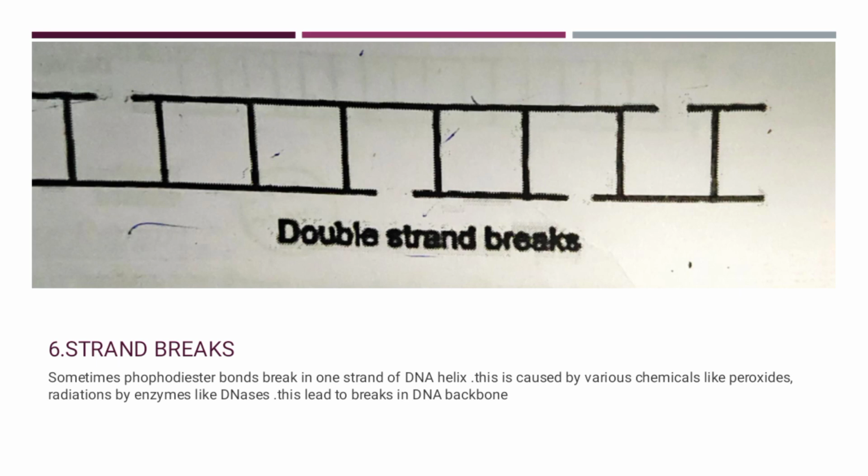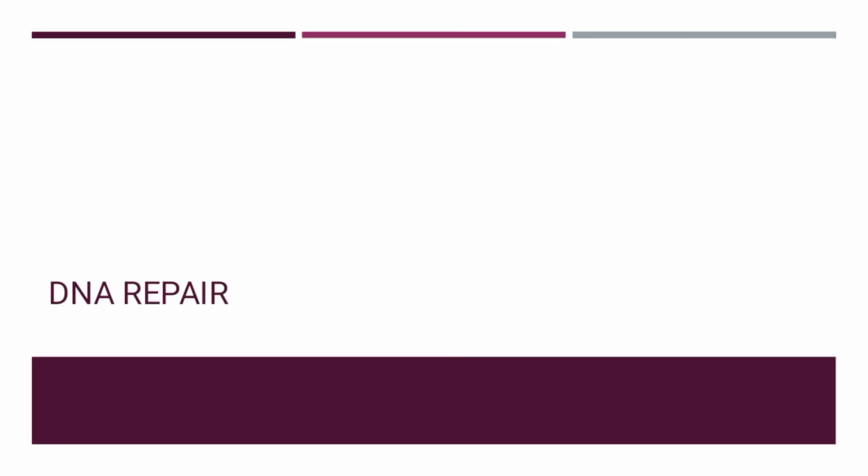This leads to breaks in the DNA backbone, and single-stranded breaks are more common than double-strand breaks. Sometimes X-rays, electron beams and other radiations may cause breaks in both strands, which may not be directly opposite to each other, and this leads to double-strand breaks. Some sites on DNA are more susceptible to damage, and these are called hot spots.